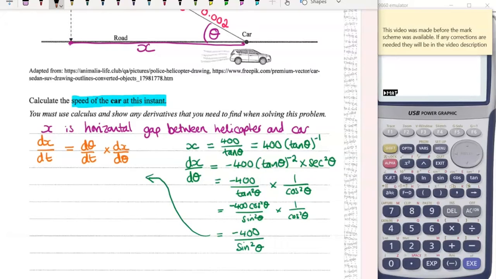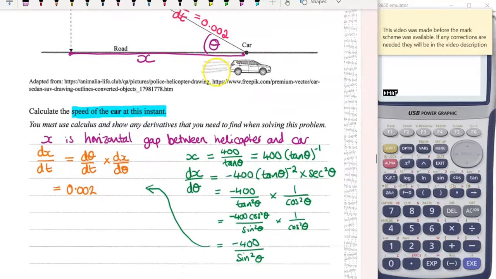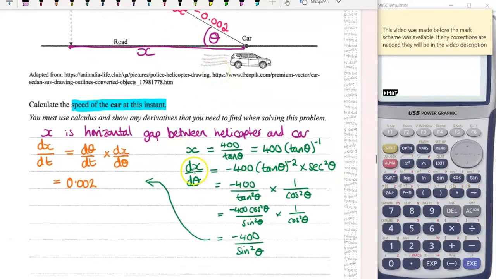So dx/dt uses dθ/dt, which was the 0.002 we were given in the question. So we were told that we have that information there. And we're going to times it by dx/dθ. So this will get multiplied by minus 400 over sine squared theta.